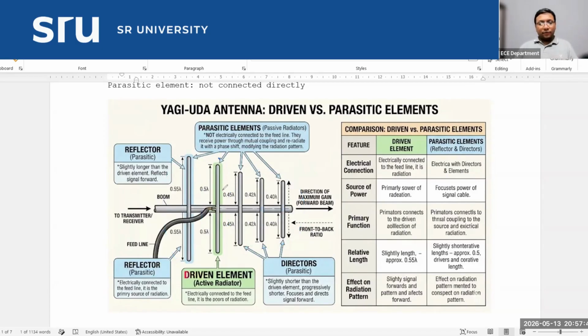Now what happens? If you look at this Yagi-Uda antenna, I assume that this main element has a length of lambda. The antenna length is lambda, meaning a full wavelength.